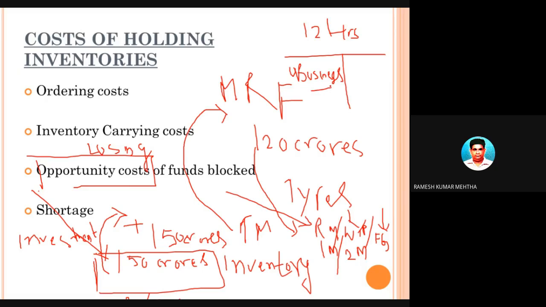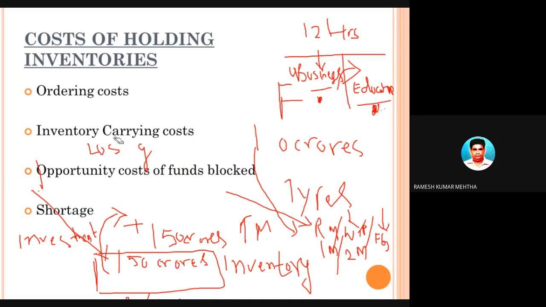Your headache is, I am investing my time in my business, and I am losing my education. So this is the opportunity you have lost. You have to find out the cost of losing this one, at the cost of this particular one. This is what we call opportunity cost in our costing.